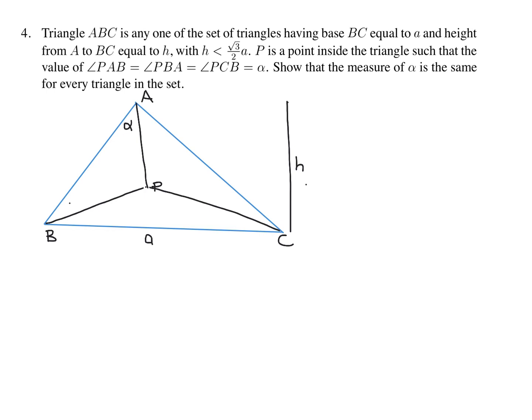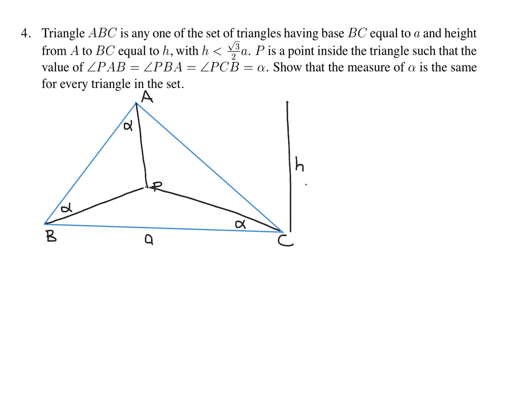PBA is alpha here. And PCB, so alpha here. Okay. PAB, PBA, and PCB. All right. So where do we go from here?